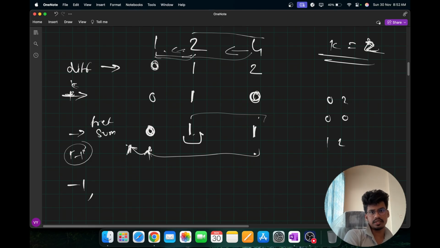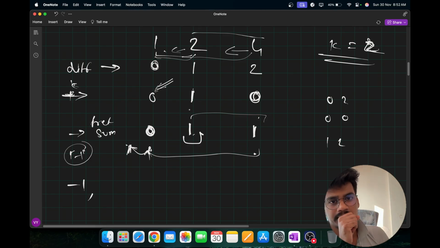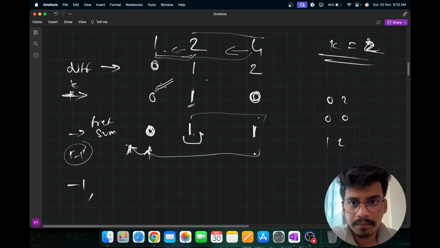Which means I'm saying that, can this guy be converted to this current guy? So it is 1. Like the difference is 1, so we can divide it. So maybe this cannot be converted, so that's why we go till here, and now the difference here was 2, which means that this can be converted.